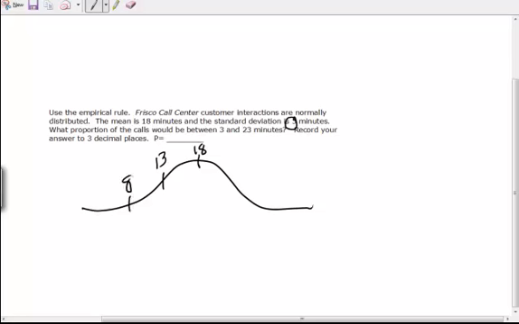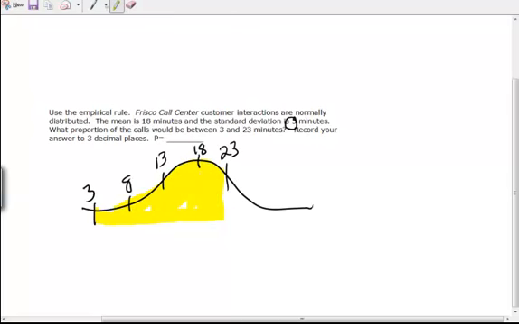This would be 8, because you just subtract 5 each time. This would be 3. 18 plus 5 is 23, so we want to shade from 3 up to 23.